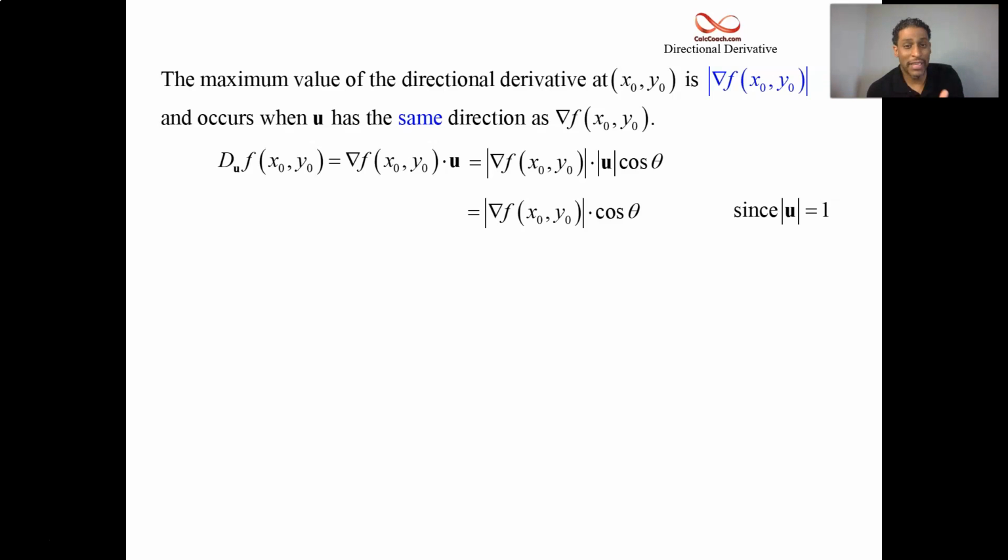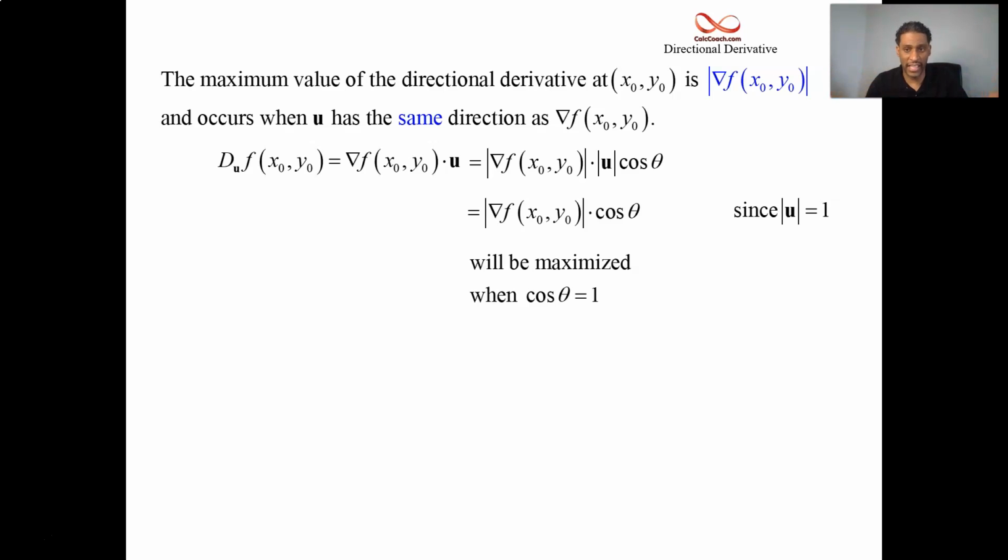Cosine theta is as big as possible when you get out a 1. It'll be maximized when cosine theta equals 1. Cosine can't get any bigger than 1. And so if we're interested in maximizing the directional derivative, we need to have cosine theta equal to 1.